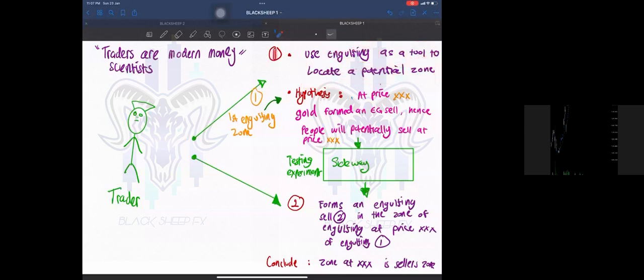That is number one. This is our religion. Some scientists use the microscope because they are scientists of biology. Some use ultra infrared, or sonar as a tool, because they are geologists. We as traders use engulfing as a tool to locate potential zones.